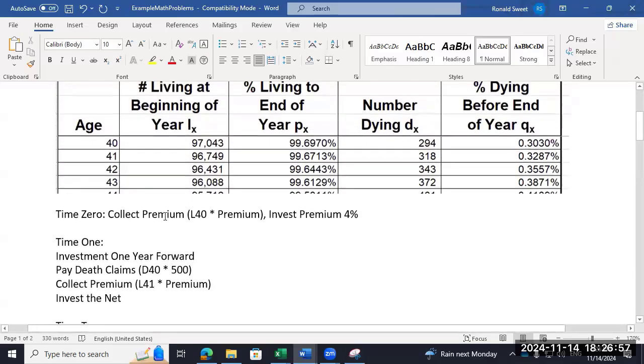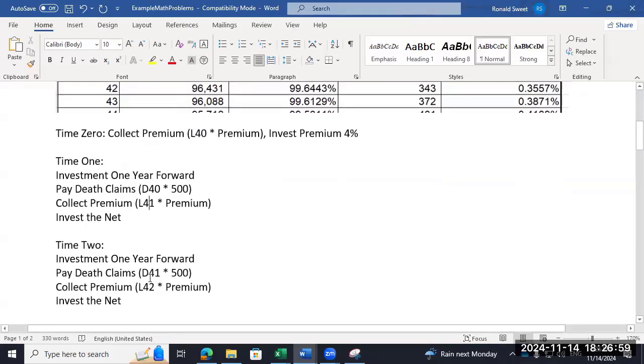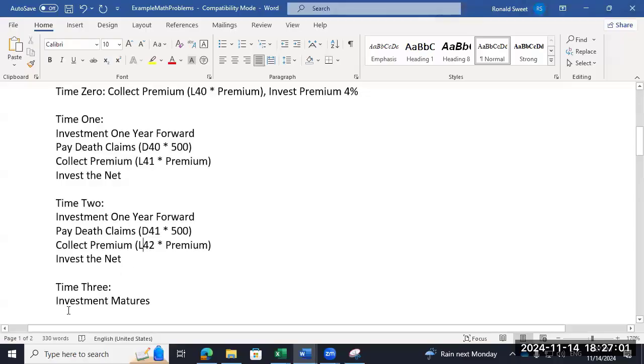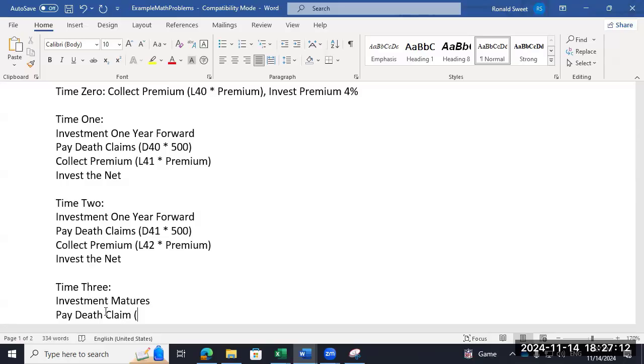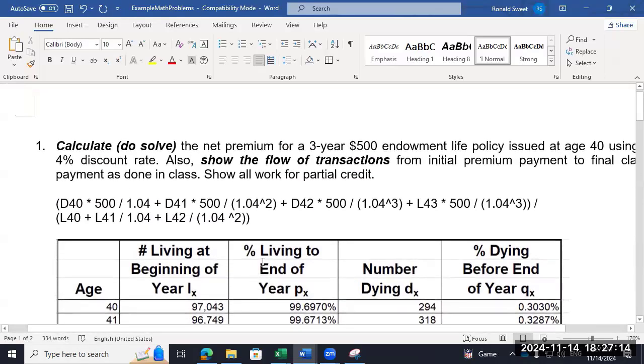You've collected 1, 2, 3 premiums, so you don't have any more premiums, right? So the paid death claim makes sense. How many do you pay for it? Here, you paid D40, you paid D41. What do you have left? D42 and L43, right?